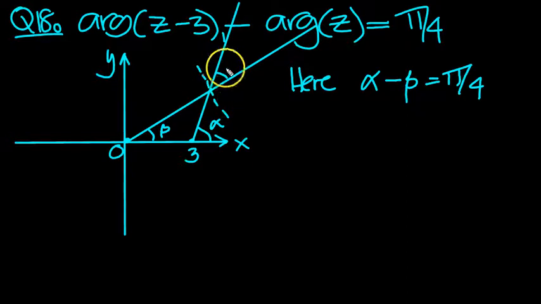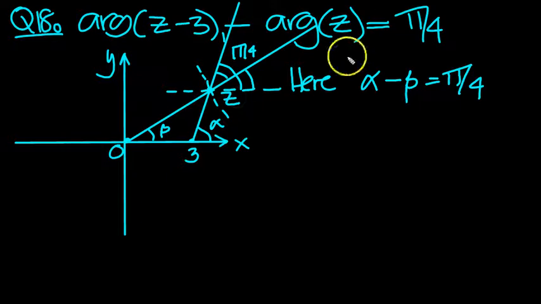So this angle here, if I do a horizontal now, hopefully that's not too confusing, this angle here is just the angle beta. There. This angle here is the angle alpha, of course. That angle was alpha, that angle was beta, and alpha minus beta must be here, which must be pi over 4.